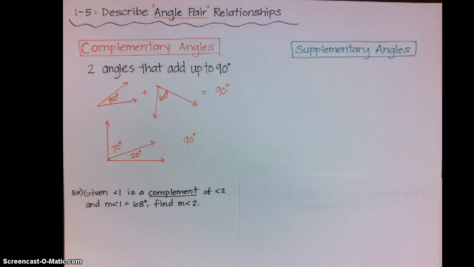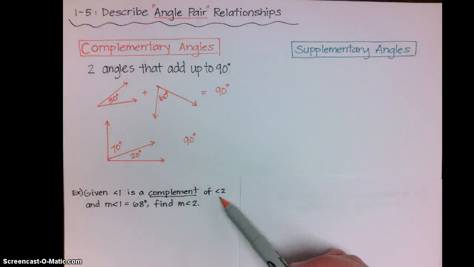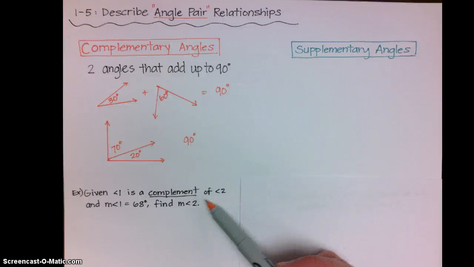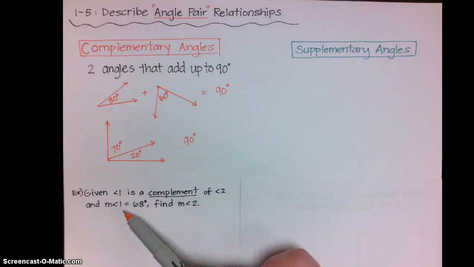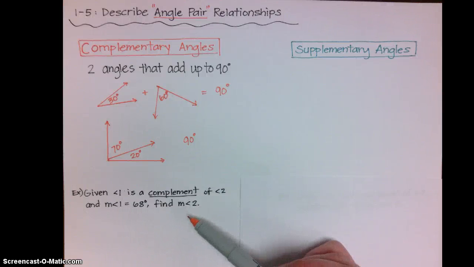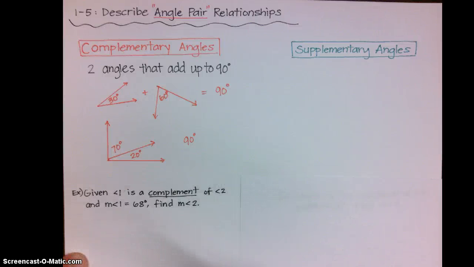And here's one. In this example, we can see that angle 1 is a complement of angle 2. So already we're told in the beginning that both of these angles, angle 1 and angle 2, add up to 90 degrees. And if we know one of those angles, if the measure of angle 1 is 68 degrees, we can easily find the measure of angle 2. I don't even need to draw a picture of this.